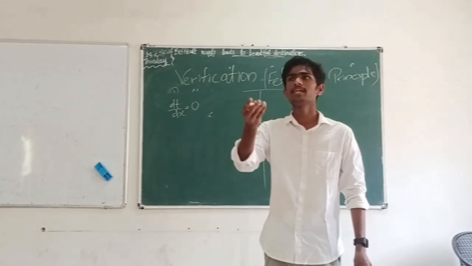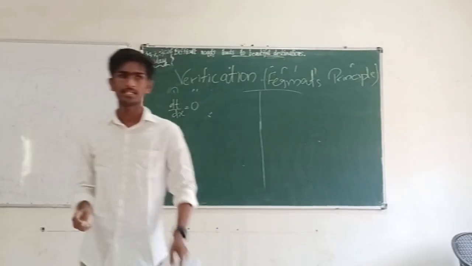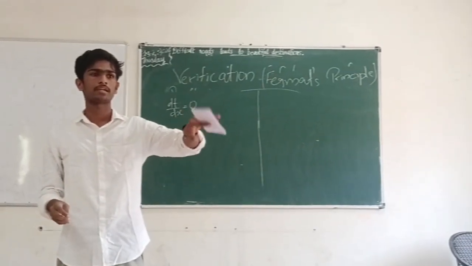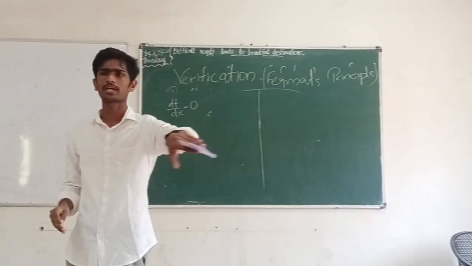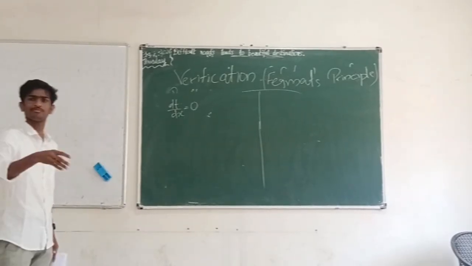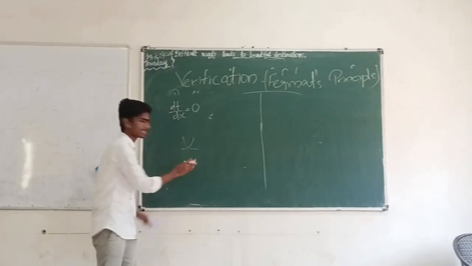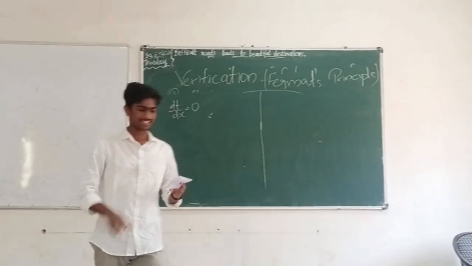We studied in first and second semester, application of derivatives: the derivative at a point of local minimum is 0. We don't need that thing.